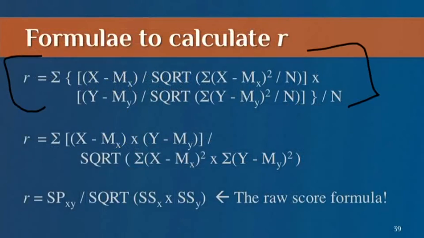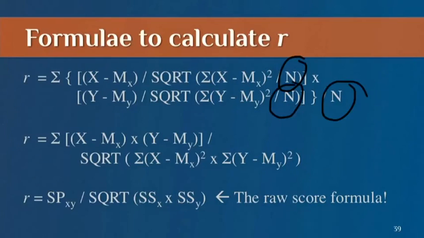Now to go from this first piece to this second formula, all I've done is reduce some of the terms by applying basic rules of algebra. In this top formula, we have n in both the numerator and the denominator, so those can cancel out.